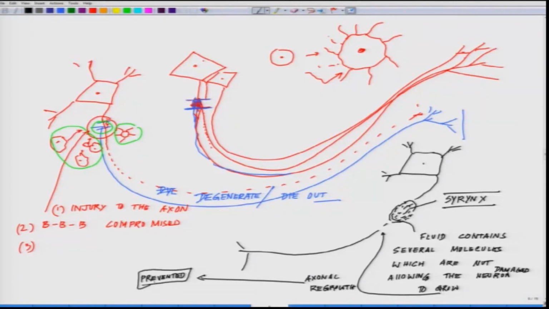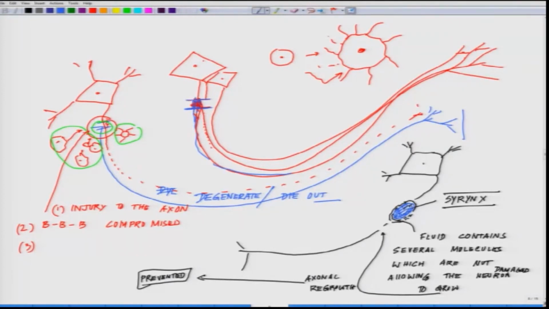Okay. So one way, and there are a series of such molecules which are present in this complex fluid. Let me shade it with blue out here. This is structure called syrinx.